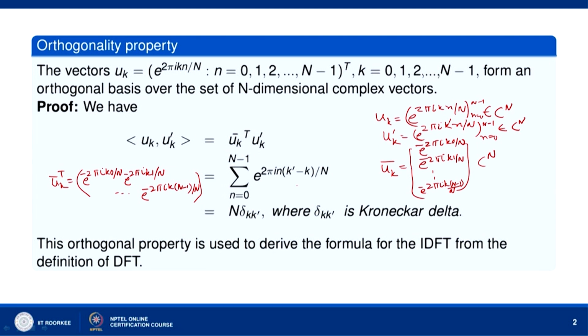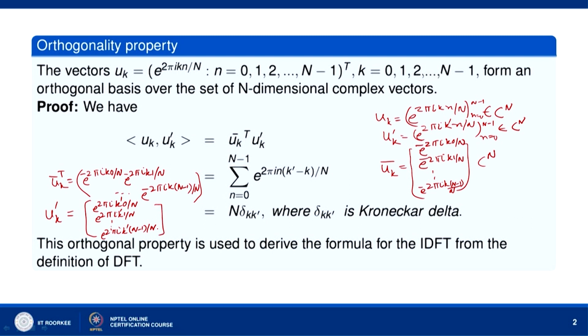When you multiply by u_k dash, what is u_k dash? u_k dash is a column vector. Okay. So, e raised to the power 2 pi i k dash 0 divided by N, e raised to the power 2 pi i k dash 1 by N, and so on, e to the power 2 pi i k dash (N minus 1) divided by N. Okay.